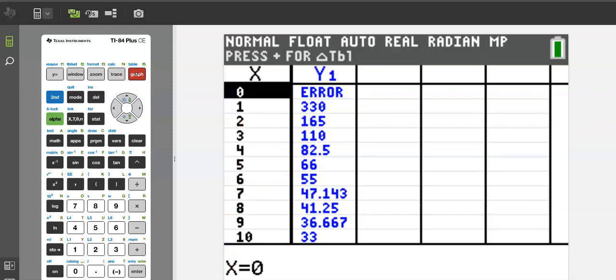Now you can start to see factors. Anybody that is a decimal, you need to ignore. So we can see that 1 and 330 is a factor because it's not a decimal. We can see that 2 and 165 is a factor.